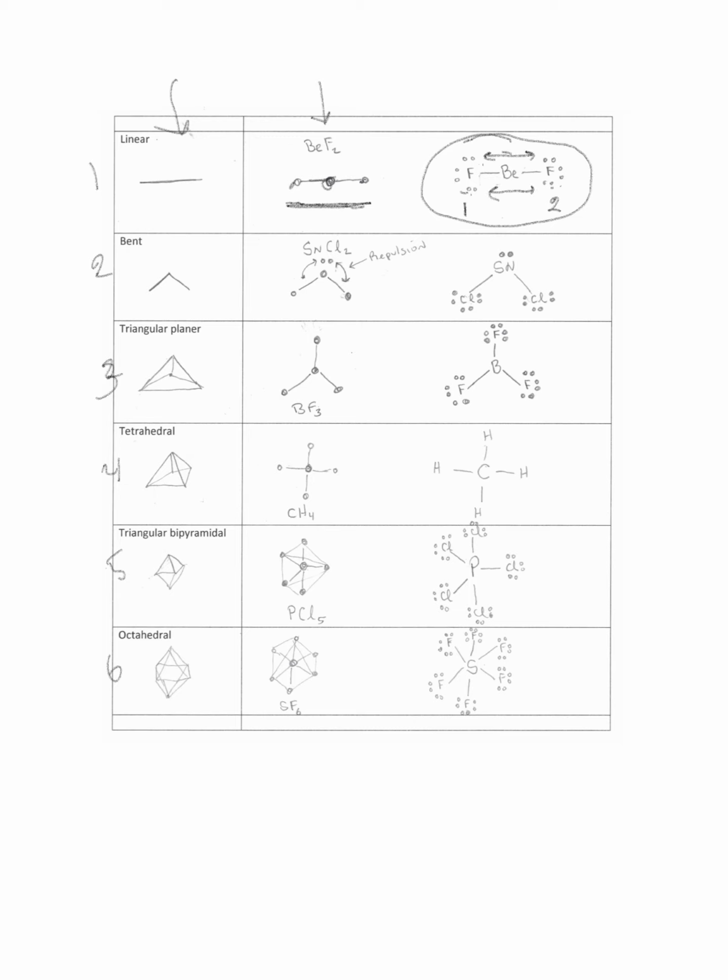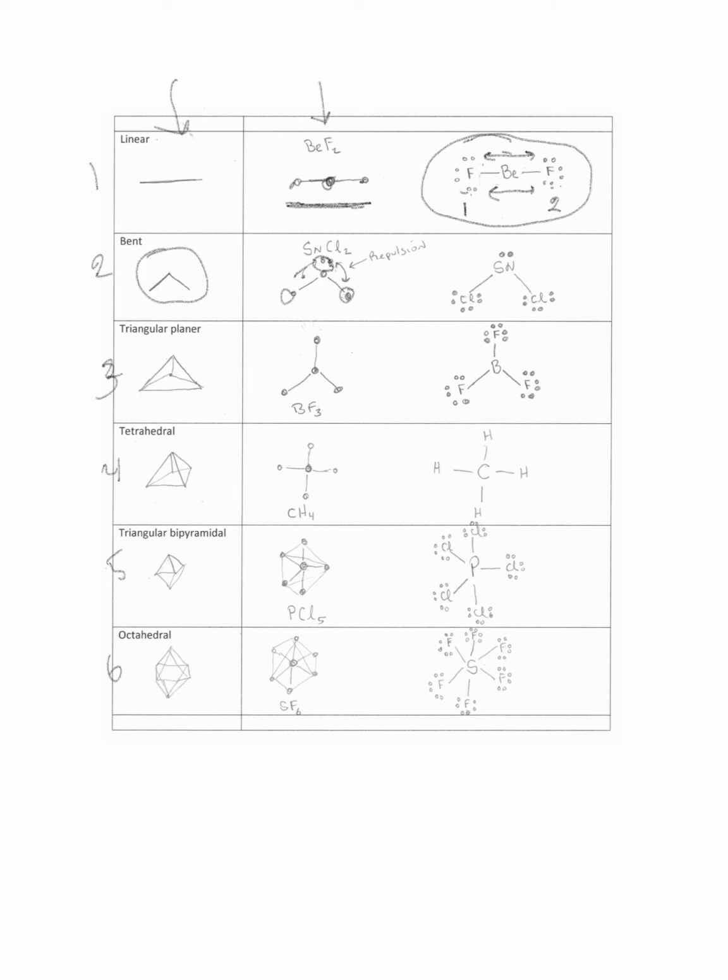Because of this repulsion from each other, it's going to cause a linear shape. Now if you look at the bent shape over here, you'll see SnCl2, tin chloride. These two electrons up here are repelling the electrons on each end.